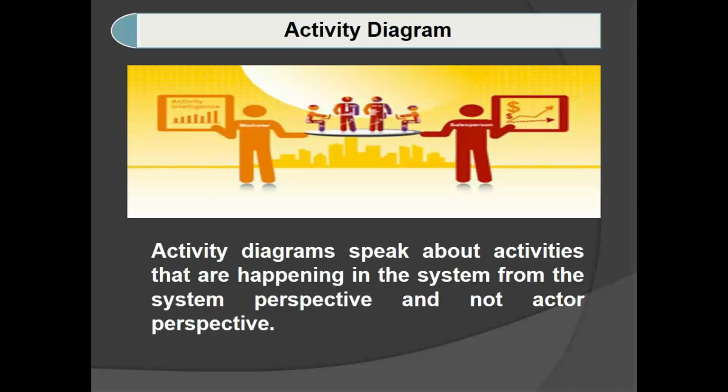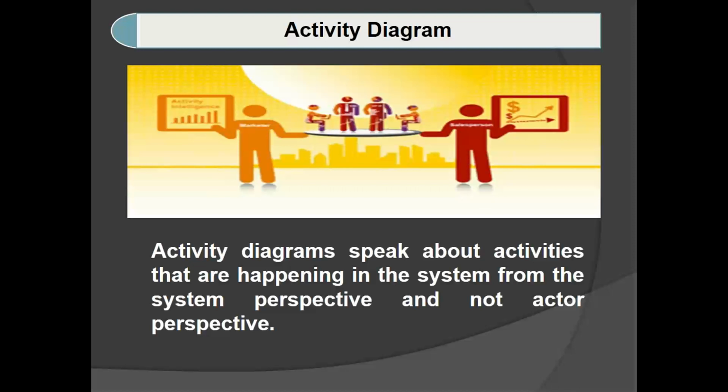The first folder will be use case view, where we are going to draw use case diagrams, and the second one is logical view, where we are going to draw sequence and activity diagrams. And then the third one is component view, and the fourth one is deployment view.